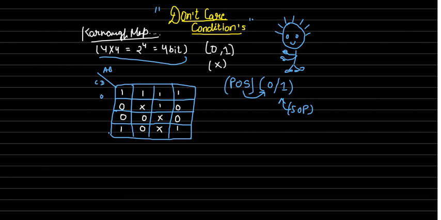This is 0 0 0 1 1 1 1 0. Great code, right? Only one bit change. Very good.